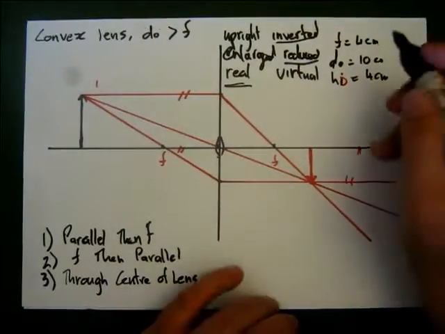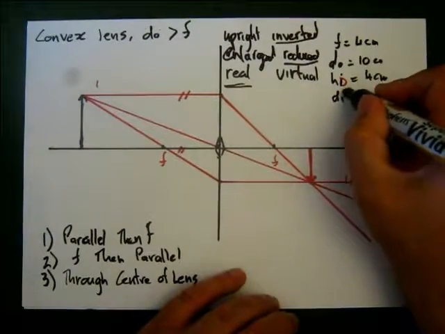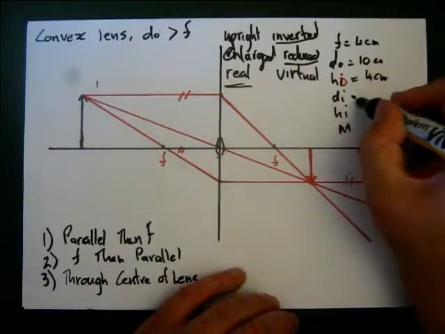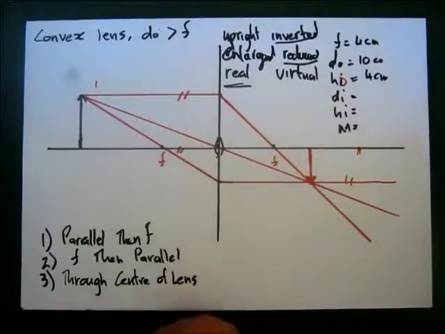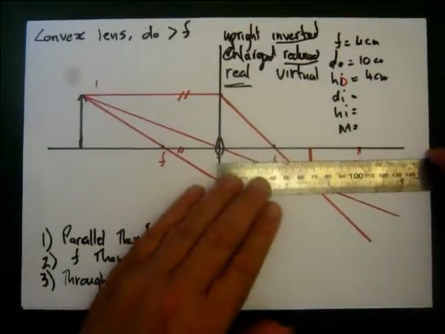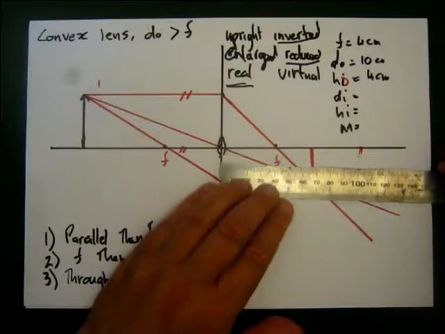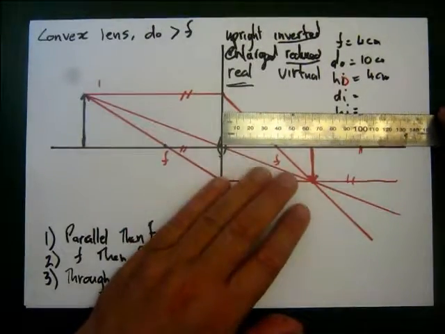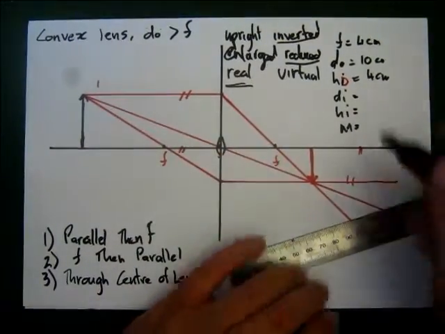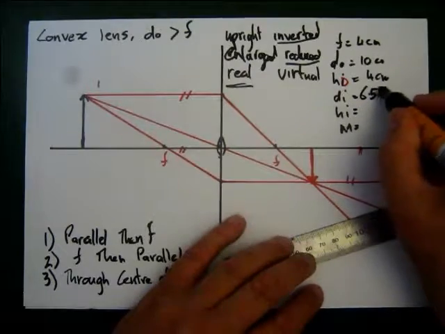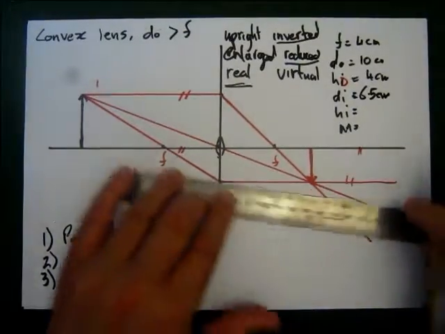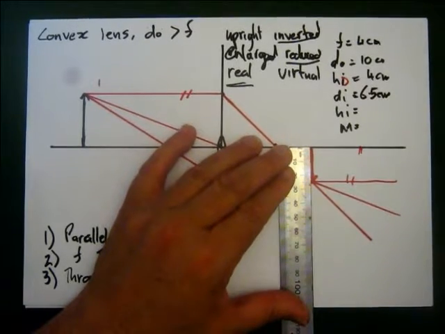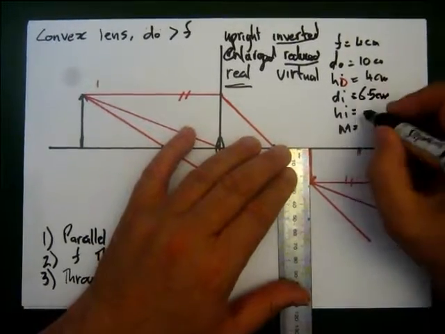And then if I want to find out DI and HI and probably M as well, either I can do that with a ruler. Let's see, how far is that? That's 6.5 centimeters. How big is it? 2.5 centimeters.